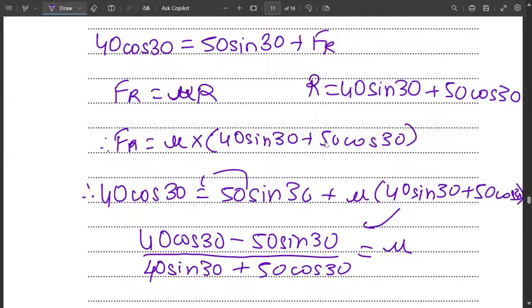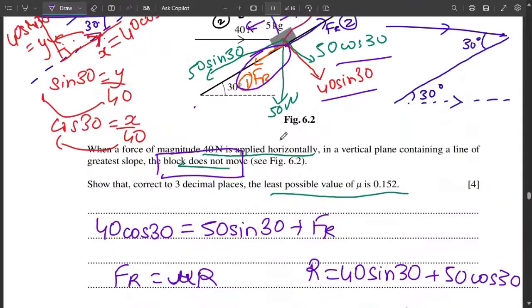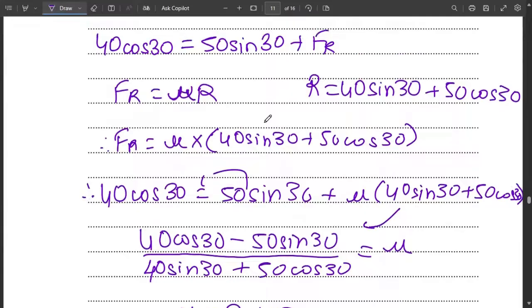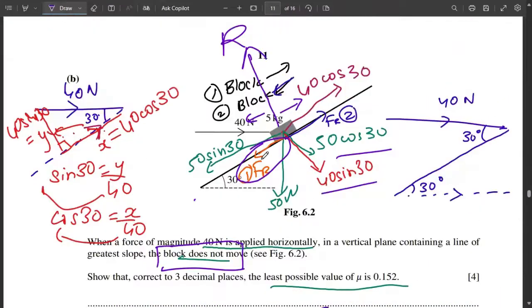Now I'll put this in the calculator: 40 cos 30 minus 50 sin 30, upon 40 sin 30 plus 50 cos 30. The answer I got is mu equal to 0.152.